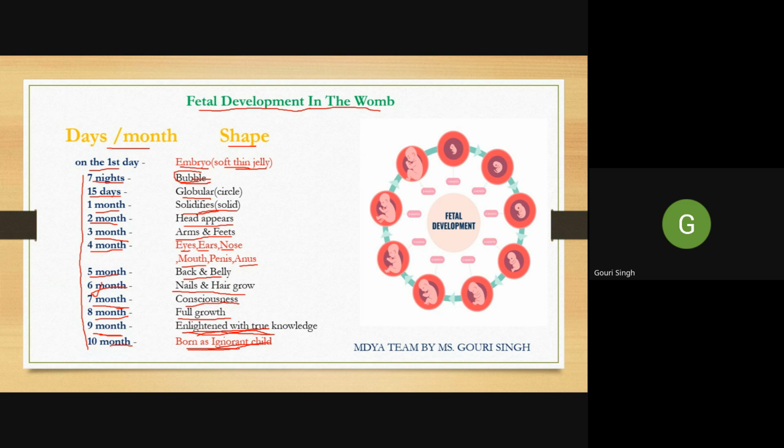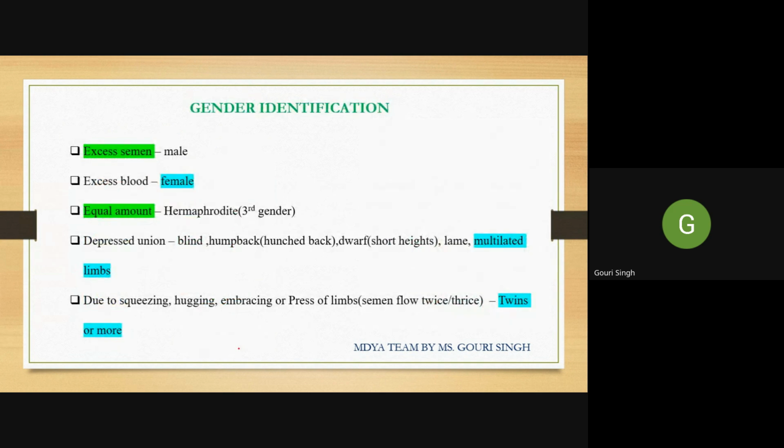It is written here how the mother will conceive. After that, discussing the shape day-wise or month-wise, he again discusses how gender will be identified, how the baby becomes a male child or a female child. That is also written here.